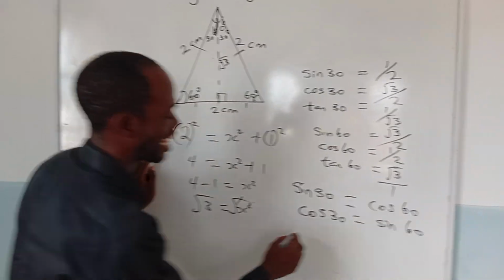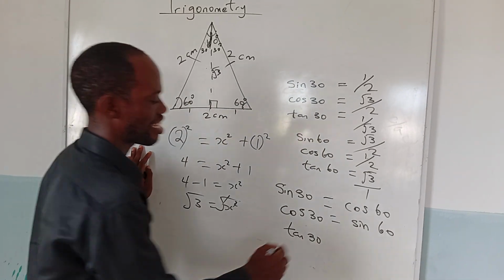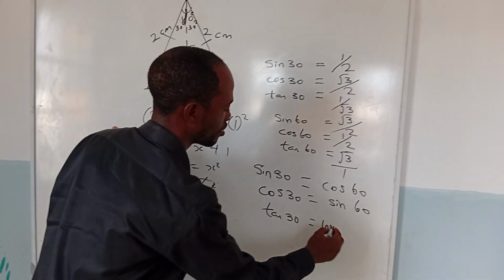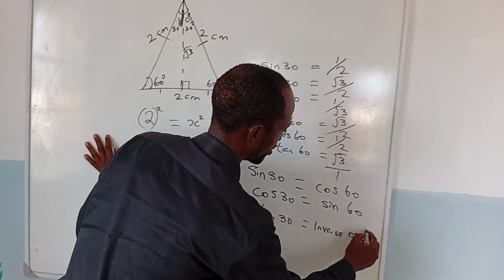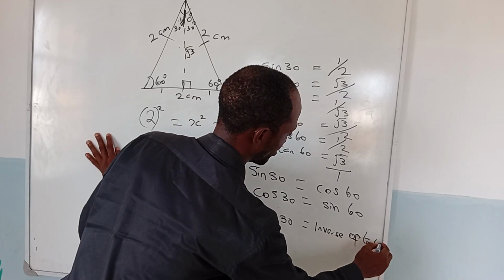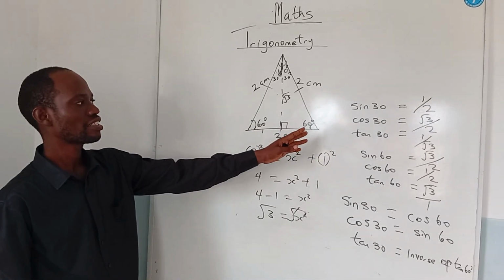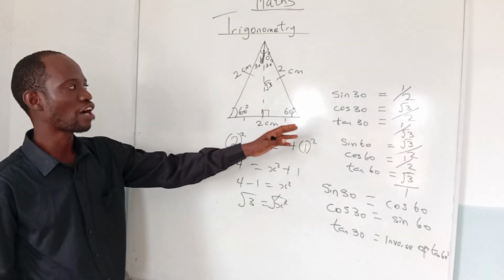And then tan 30 is the inverse of tan 60. So this is how we arrive at sine 30, cos 30, tan 30.